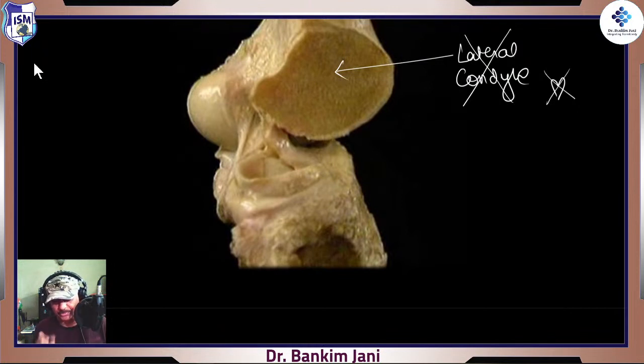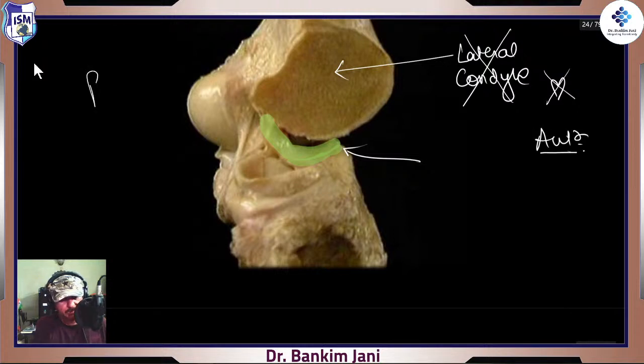See, so good. Over here, I'll first just highlight it, so that you know what you are dealing with. This one is the anterior cruciate ligament. It starts from here, so this one would be the anterior aspect, no confusion. This one is the posterior aspect, very clear.